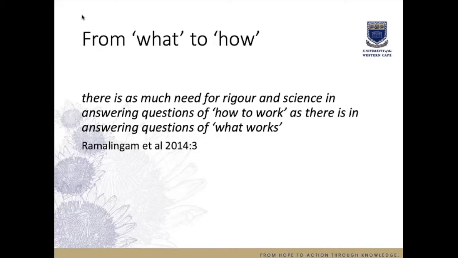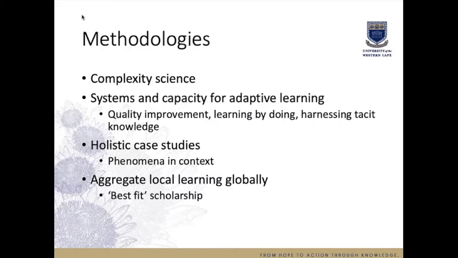They're saying there's as much need for rigor and science in answering questions of how to work as there is in answering questions of what works. So what I think is that we need to engage very carefully with the methodologies of what a best fit approach requires. Many of these players would emphasize the relevance of complexity science and all the tools and methodologies that rapidly growing field is offering.